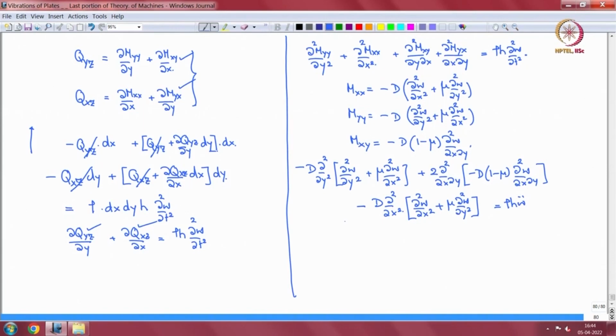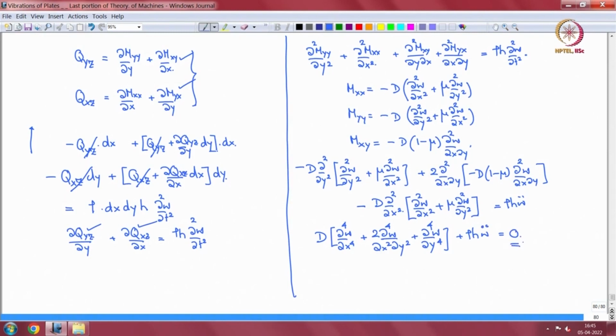So this now results in D (∂⁴w/∂x⁴ plus twice ∂⁴w/∂x²∂y² plus ∂⁴w/∂y⁴) plus ρh w double dot is equal to 0.